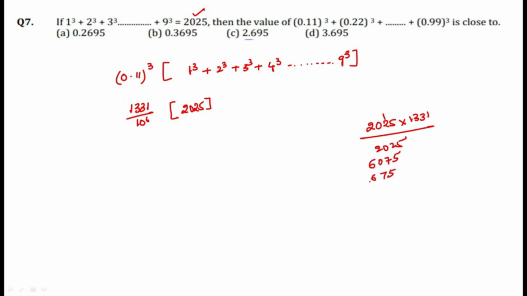Again 6075, 6, and again it's 5202. Final answer here: 5. 2 plus 5 is 7, 12. 7 plus 5, 12, 14, 15. 6 plus 2, 8, 8 plus 1, 9, 6, 2, guys. Now we have 10 power 6. 10 power 6 means after decimal we require 6 places, so the answer is 2.695, that is suitable.